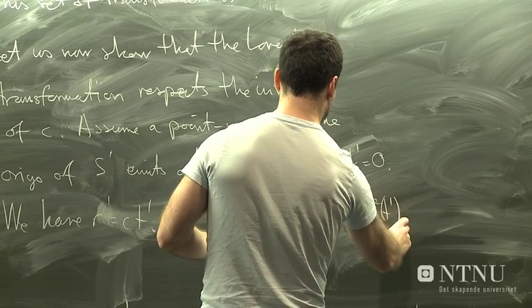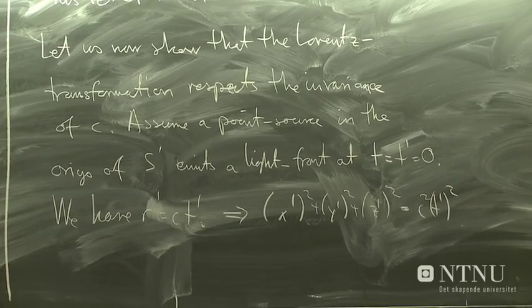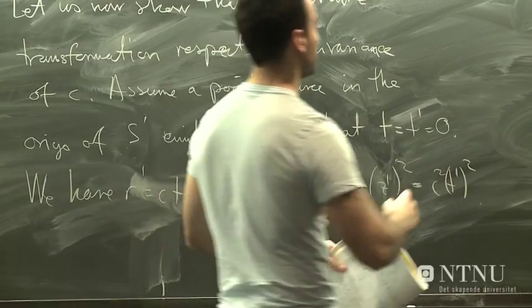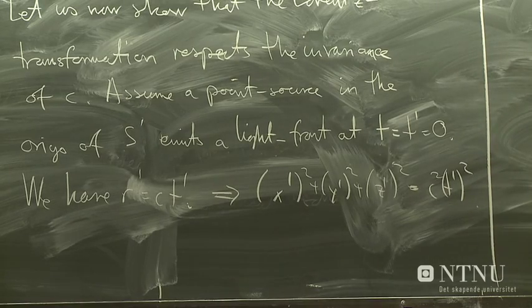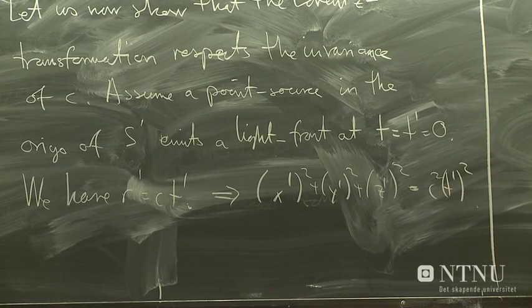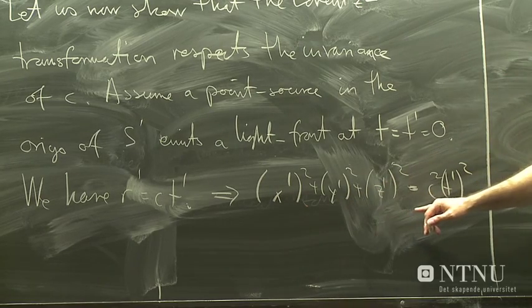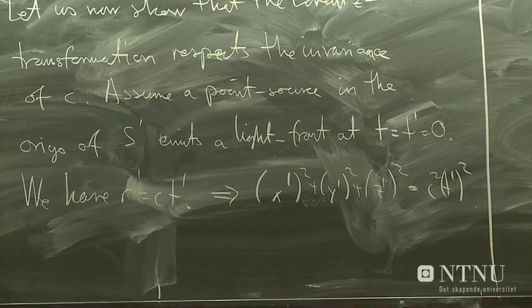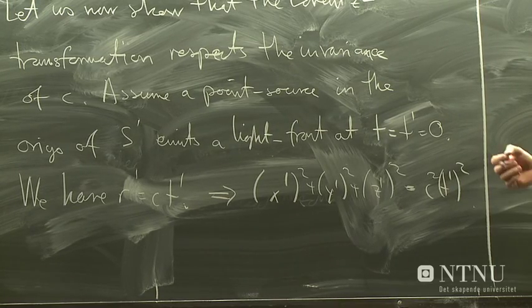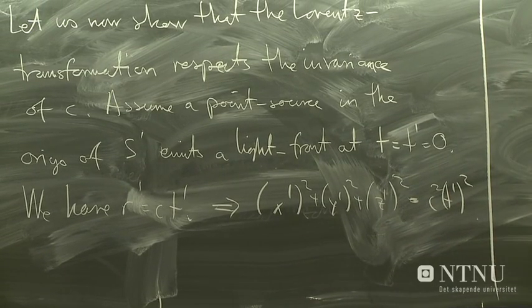We can rewrite this by squaring it in the following way. So now comes the test. If we now transform these coordinates back to the coordinate system in S, in other words, to find out how an observer in S sees that this light front moves, what kind of speed do we obtain?